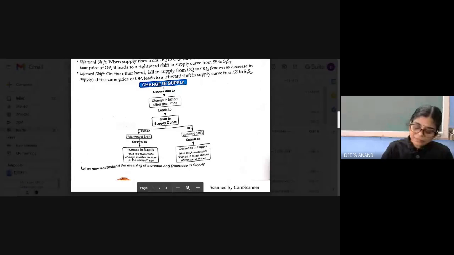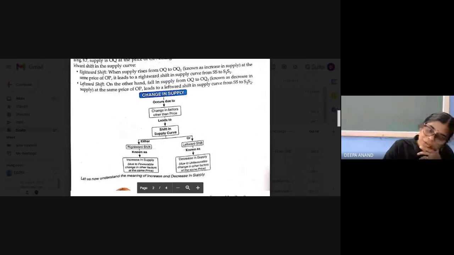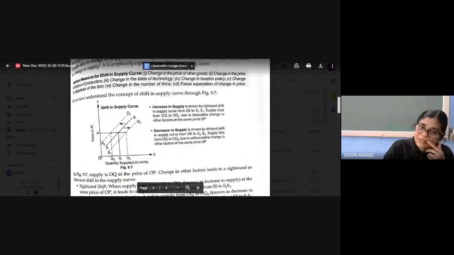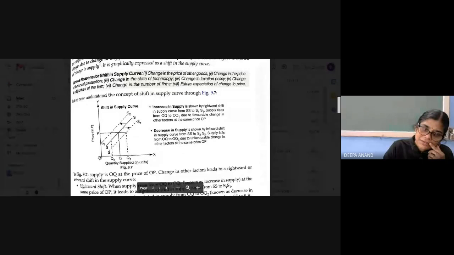So as I said, there is no continuation of microeconomics in the next year, but this gives you the skill to understand how you can represent things in the form of a diagram. And when you see a diagram or graph, how to represent it and how to interpret it, all this skill you will develop in this year with these graphs.